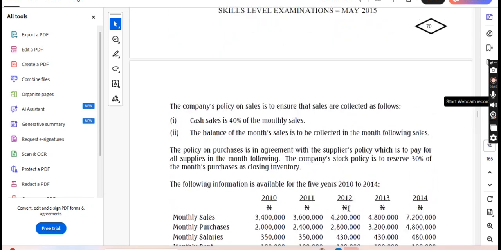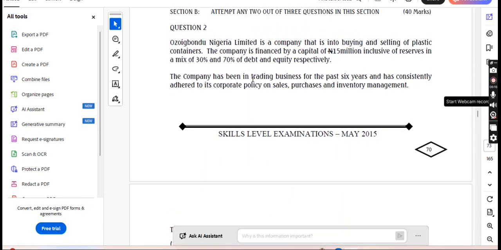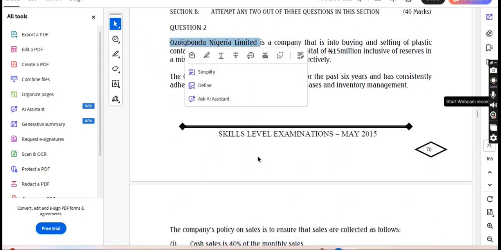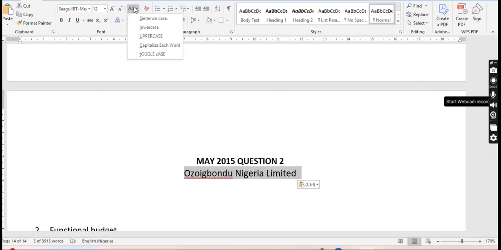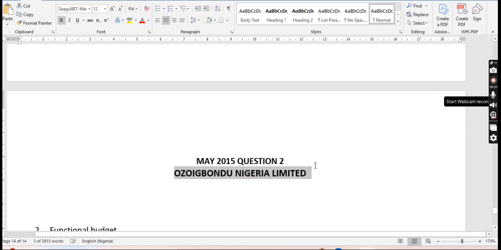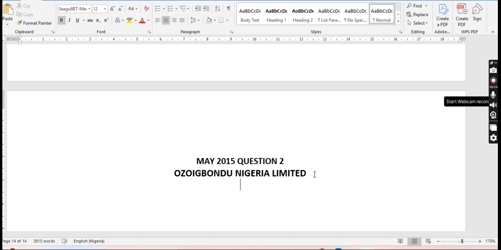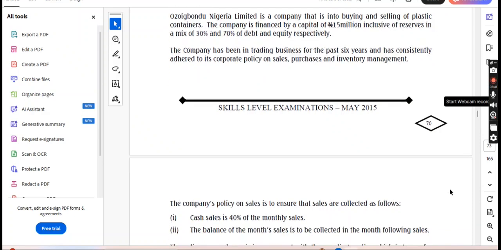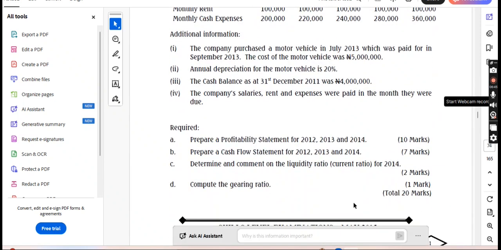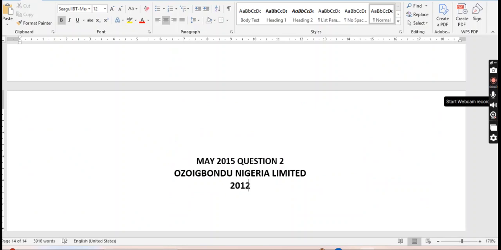Now, we need to start with the profitability statement. IB Nigeria Limited. So this will be for how many years? 3 years. 2012, 2013, 2014.